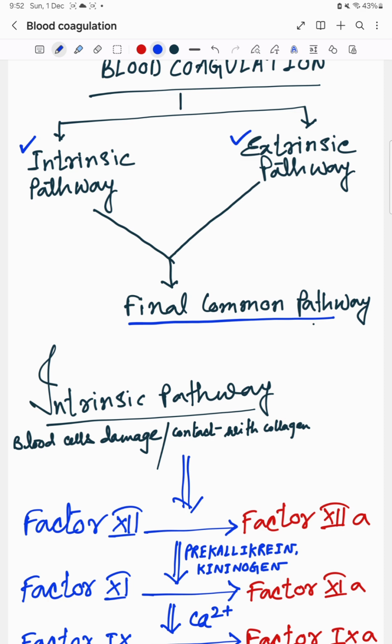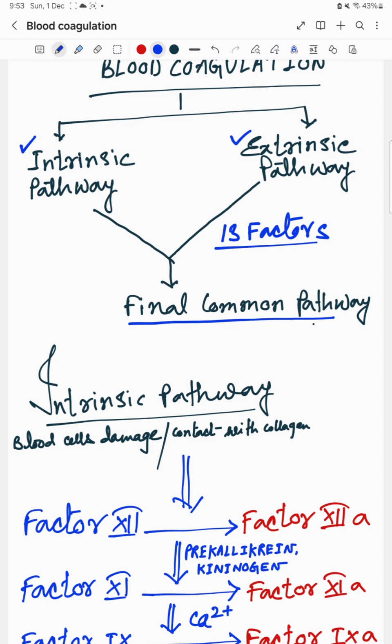There are 13 factors. How many? There are 13 factors. Okay, so we will see the activation of these 13 factors by means of the intrinsic pathway as well as the extrinsic pathway.